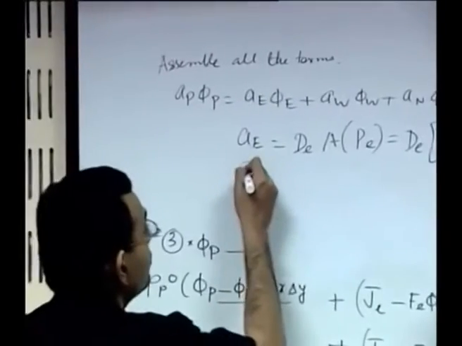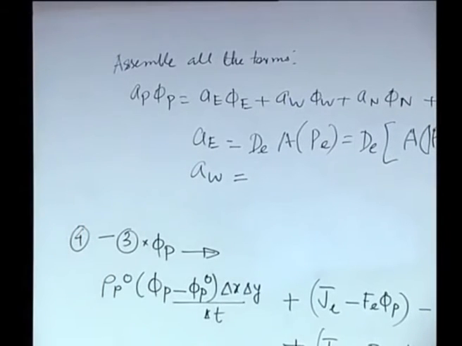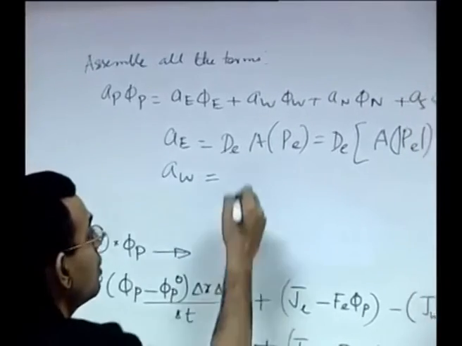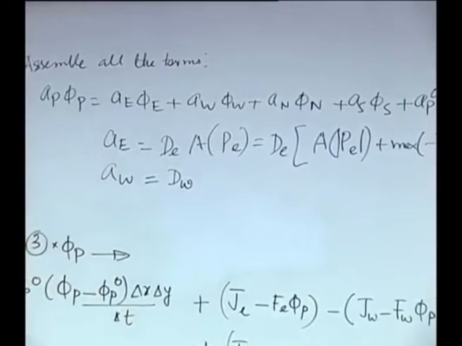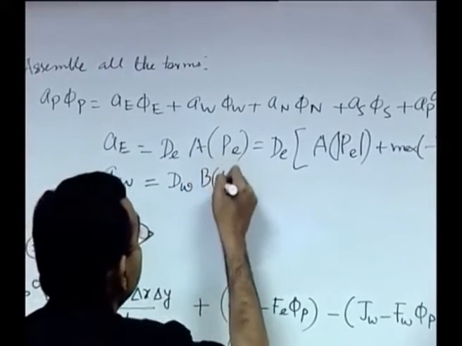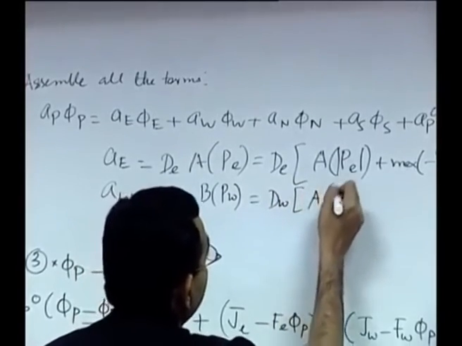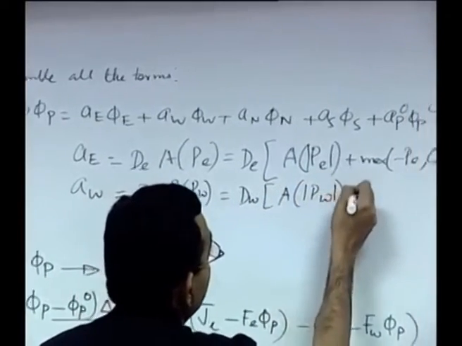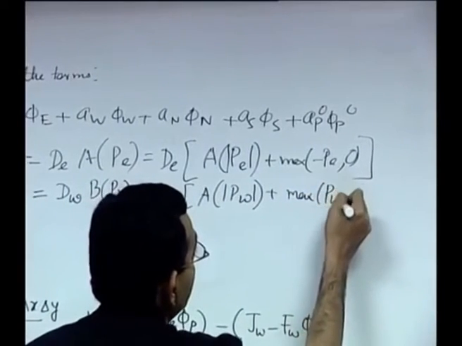Similarly, AW is dW into B of Pw, that is dW into A of mod Pw plus max of Pw, 0.